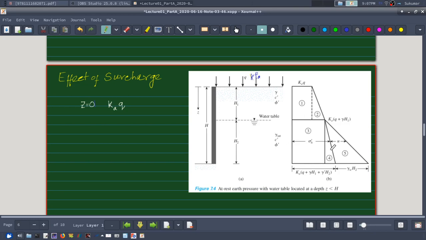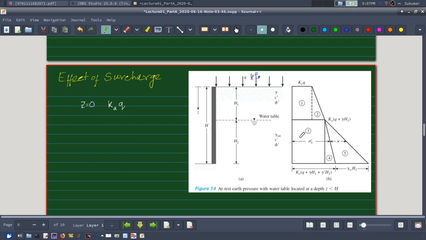So this portion will be K times gamma submerged into H2 here. In addition to that the water pressure will be gamma W into H2 at this bottom, and water pressure will not have any value, it will be 0 above this line. So this will be my earth pressure diagram in this case.